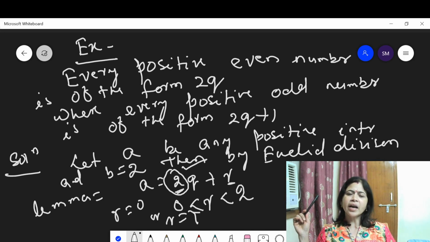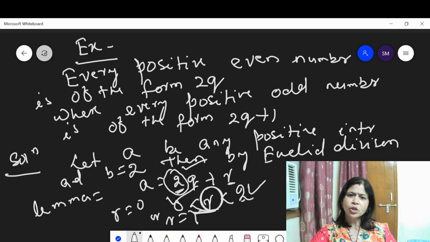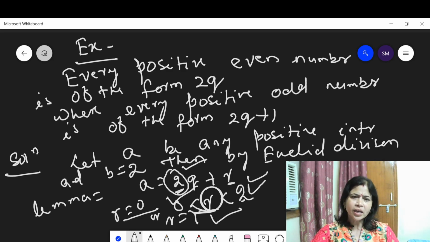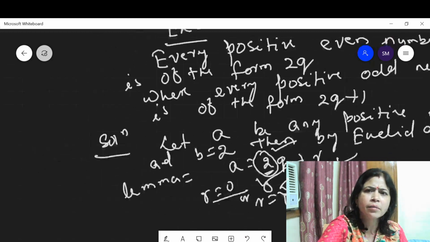According to the Euclid division lemma, the remainder is r greater than or equal to 0 and less than 2. Then there are two cases: either r is equal to 0 or r is equal to 1. What does case 1 say?